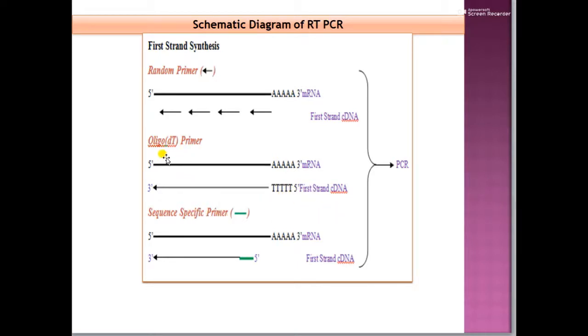This is one way, where you use the oligo-dT primer. In another case, you can use a sequence-specific primer, and then first strand cDNA synthesis will be carried out. Then the procedure is just the same as the other one. The only thing is that you have RNA conversion to cDNA, and then you can use either an oligo-dT primer or a sequence-specific primer.